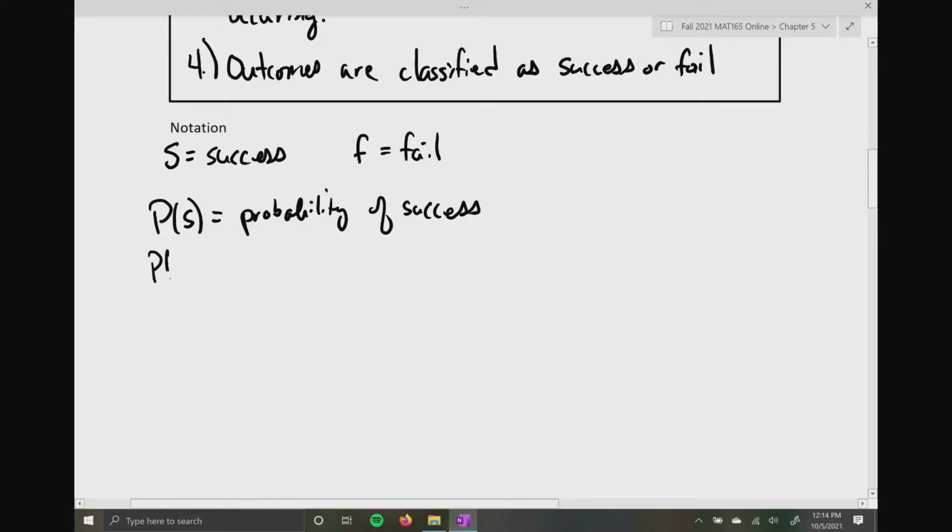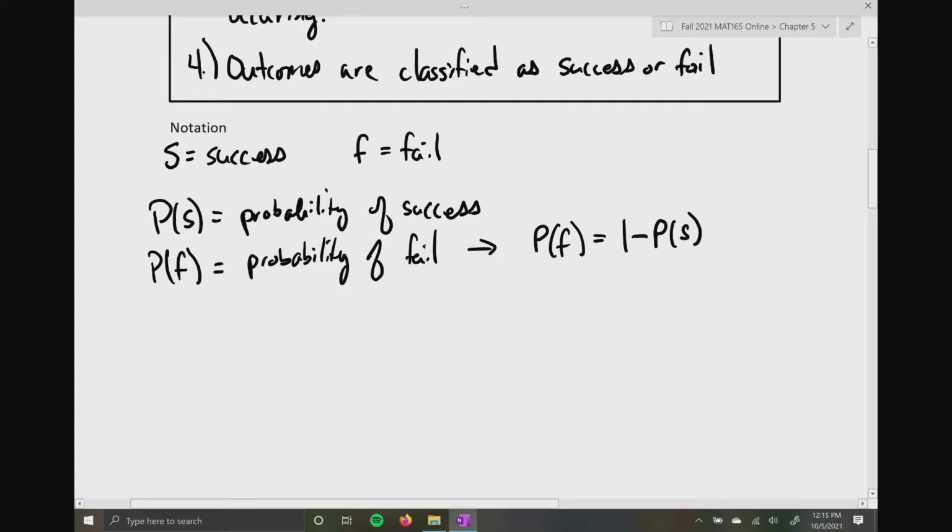P of F is the probability of failure. And just remember, P of F is equal to 1 minus the probability of success. They're complements of each other.